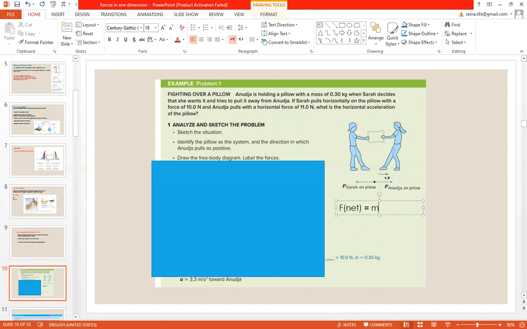And don't forget there's a vector above F and also a vector above a. This is the formula that we have to use.